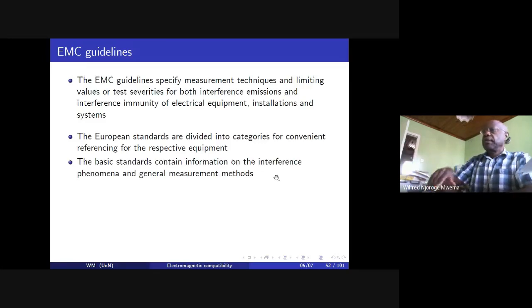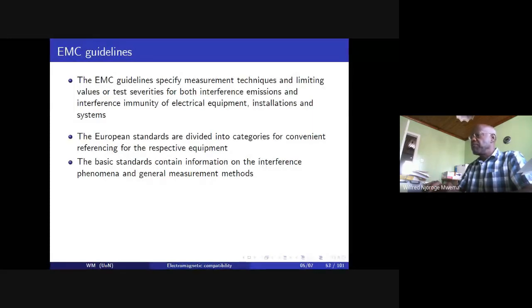So, the basic standards will contain information on the interference phenomena and the general measurement methods. That is, you are defining what those interference phenomena are and how they should be measured, because we know that different means of measurement can measure those quantities to different accuracies, so to speak.